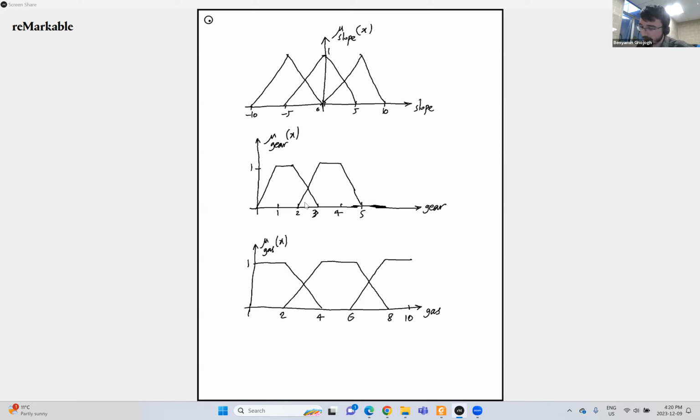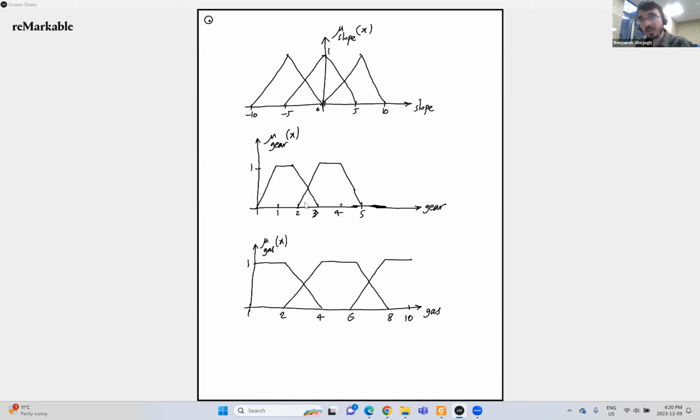Also, by changing the rules, you can change the number of variables, and the number of values that every variable can get. For example, what if I change the rules so the slope only has negative and positive, and doesn't have 0? Then this membership function will be eliminated, right? Again, everything is in your hands.